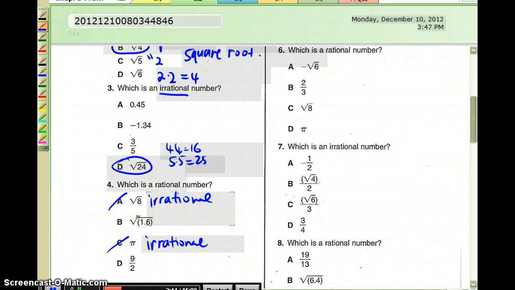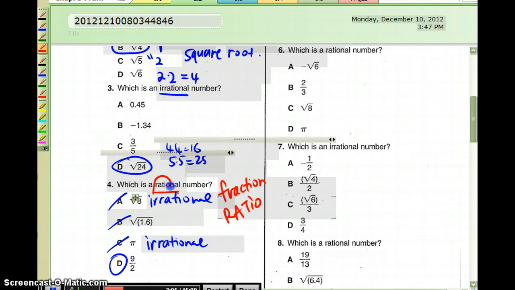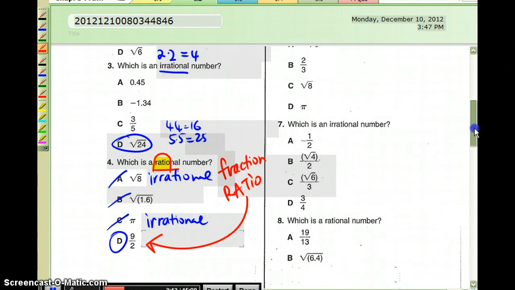What about the square root of 1.6? Actually, that is not rational either, meaning D is my answer. If you look through your notes, a rational number is a fraction. Remember the word ratio that is in the word rational. Ratio right there. That helps me to know that this fraction is a ratio, also a rational number.